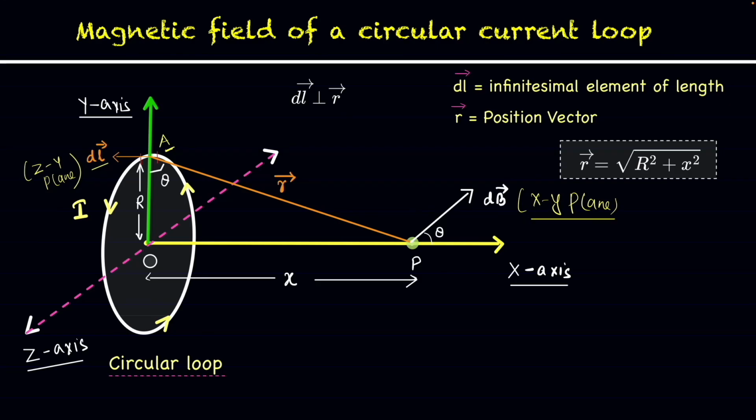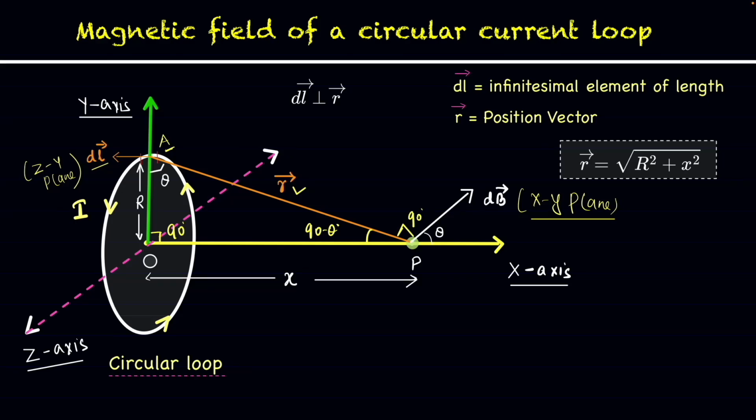If we consider a triangle OAP, this is a right angle triangle, and theta is the angle between radius R and the position vector small r. So based on that, we can consider this as 90 degrees. This angle is 90 minus theta, and this r vector and magnetic field will be perpendicular to each other.